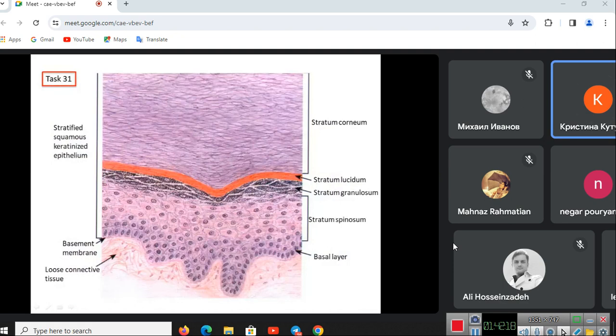So this should be your picture in your album, task 31 if I'm not mistaken. So you should draw something like this with all the cell layers: stratum basal, stratum spinosum, stratum granulosum, stratum lucidum, and stratum corneum.